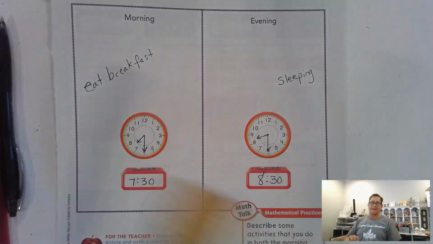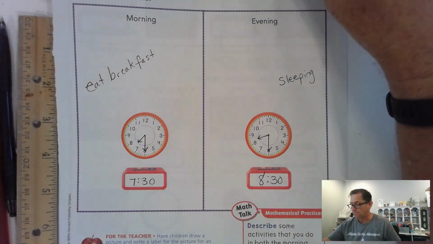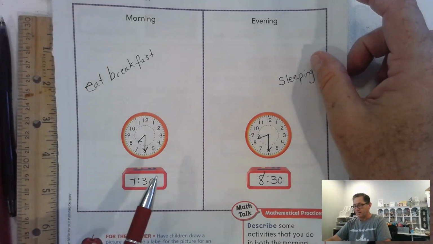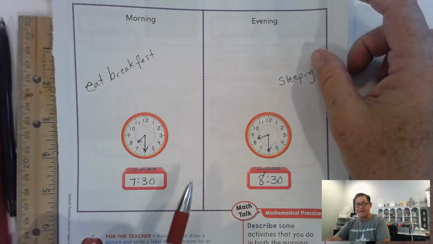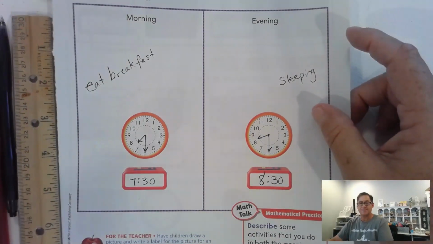And you're going to write that. As we talk today, we're going to learn whether to put AM or PM after each one. But for now, let's just write the times in.